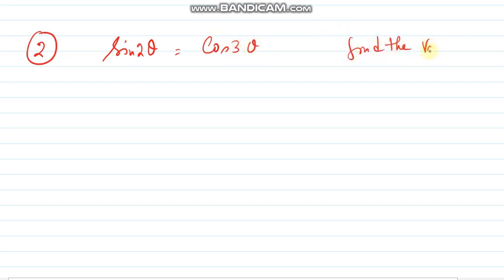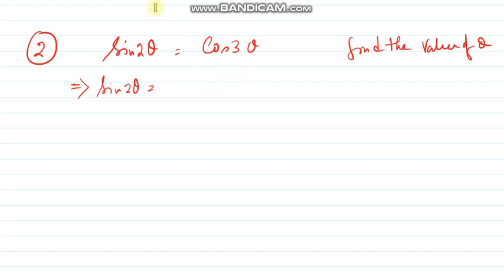Okay, so let's do one more sum based on this. This type of sum is a very important one. It is given sin 2 theta equals cos 3 theta, find the value of theta. So we know that sin theta equals cos of 90 minus theta, and cos theta equals sin of 90 minus theta, right?